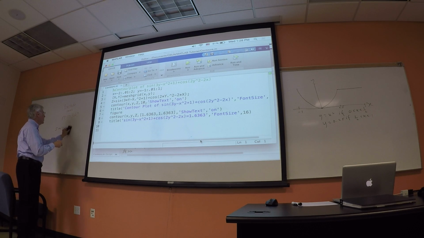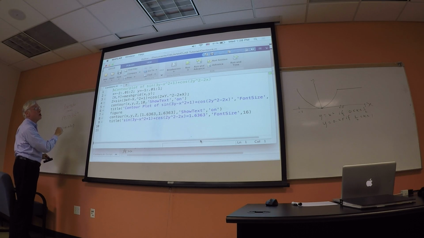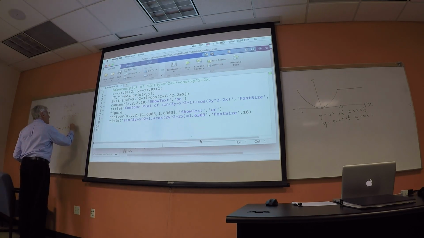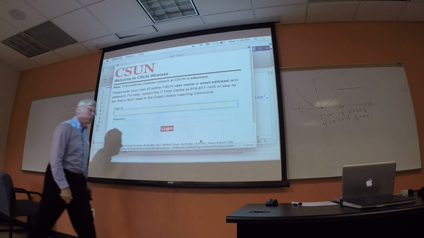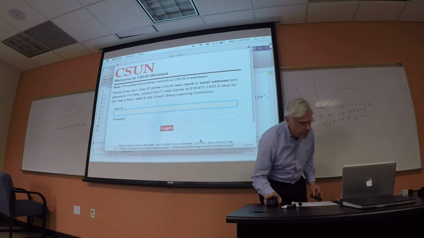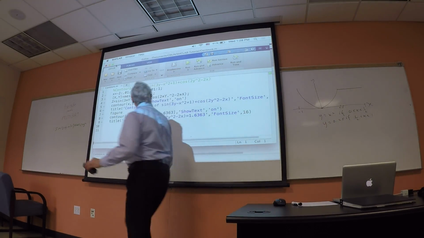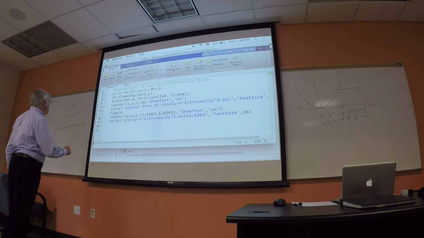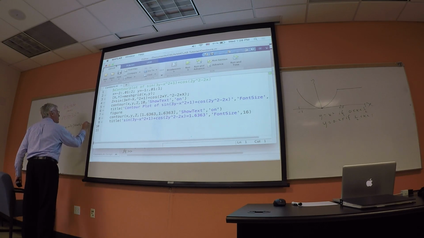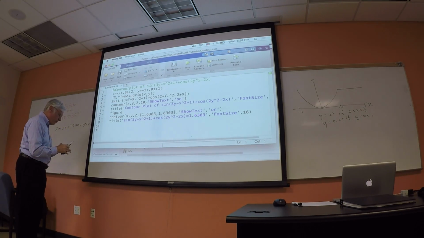X squared plus 1. Plus cosine of 2y squared. I'm writing some normal notation. Cosine of, what do I got now? Cosine of 2y squared minus 2x. Hopefully you can see that. That's kind of a normal way of writing that.